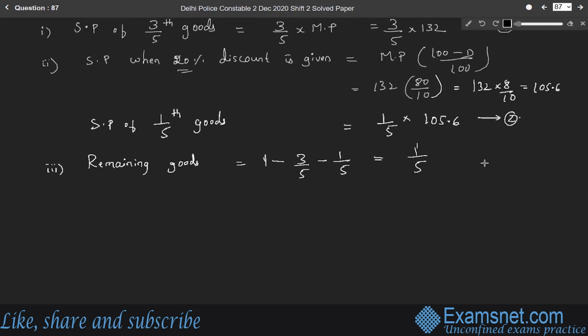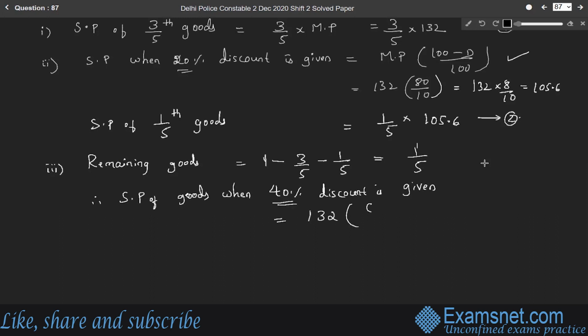Therefore, selling price of goods when 40% discount is given. Again, by the formula, market price into (100 minus discount) by 100. Market price is 132, and 100 minus 40 becomes 60 by 100.